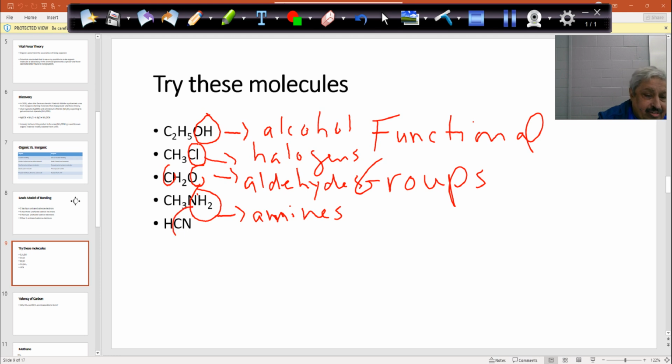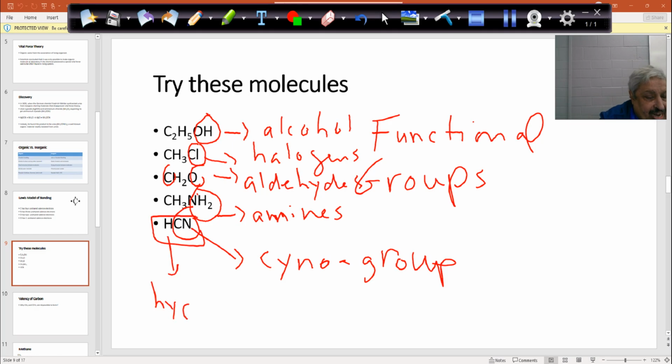And this here is the cyano group. This cyano group is an acid, hydrocyanic acid. It is a weak acid, hydrocyanic acid.